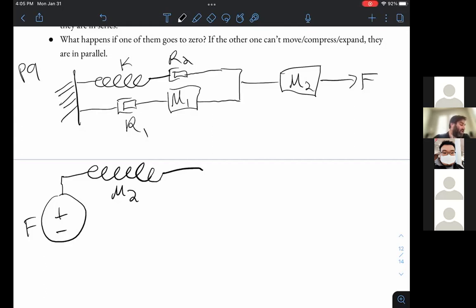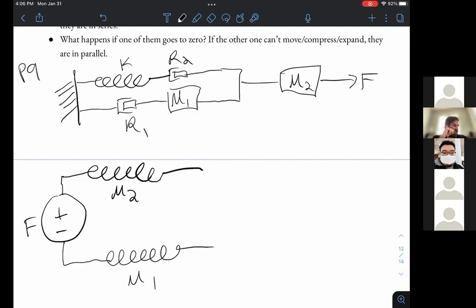This stuff is legitimately confusing, and luckily this one is more confusing than any of the ones you're actually asked to answer. But for now, could I add M1 down here? This is kind of a weird way to do it, but I'm going to add M1 down here because I think that's going to be in series with this other stuff.